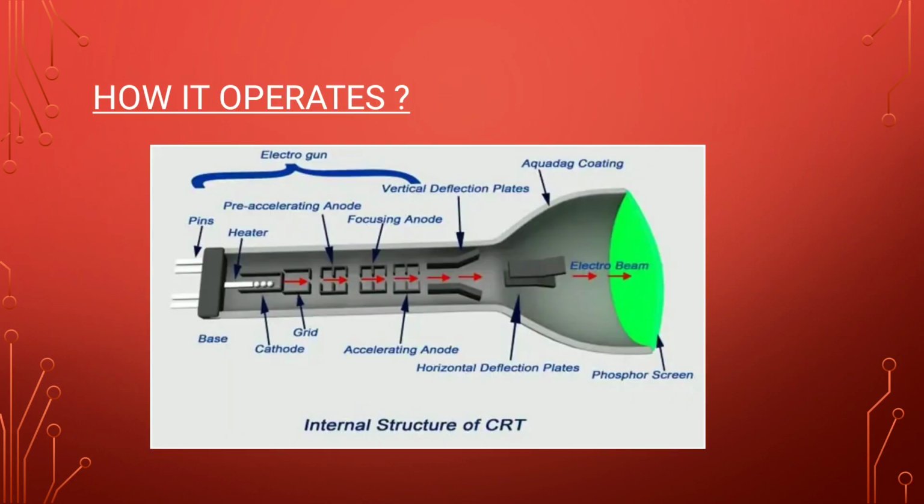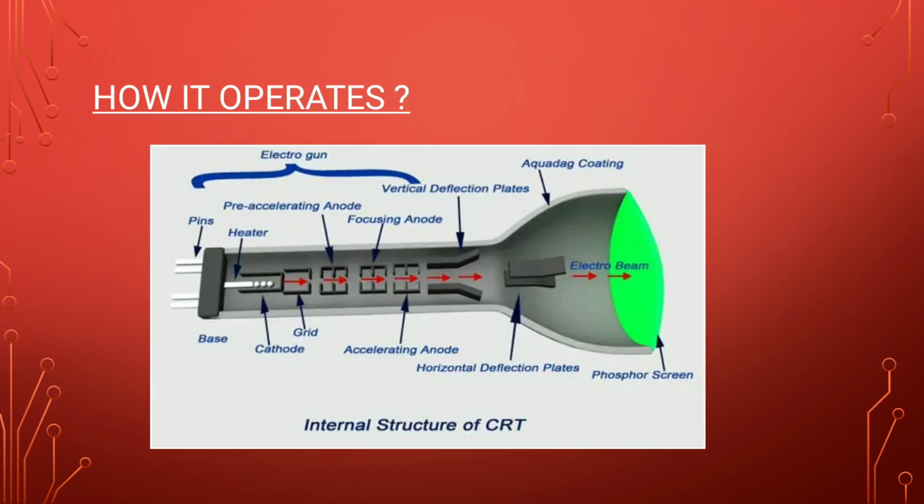Now, coming to our main topic: how it actually works, what operations are required, and how it operates. As we can see in this diagram, it is the internal structure of the CRT.